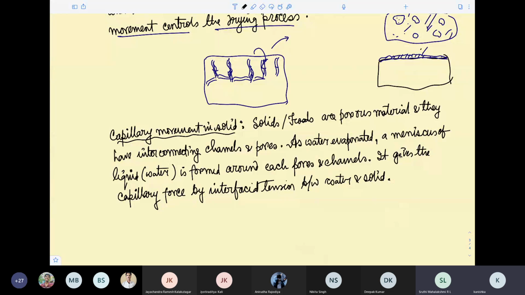So the capillary force provides the driving force for water movement.